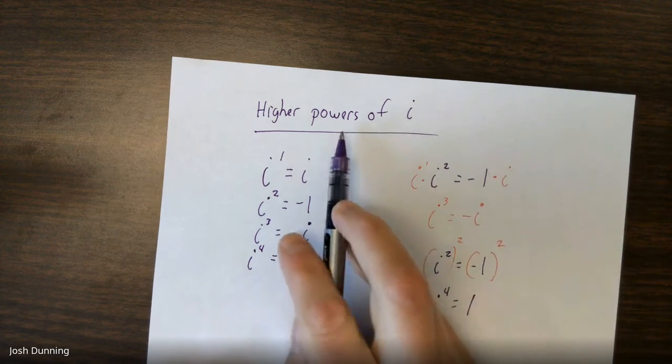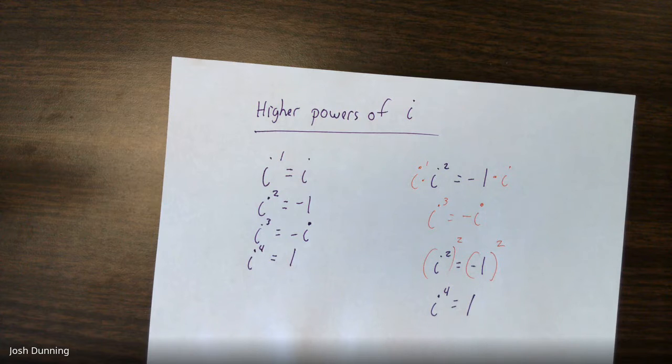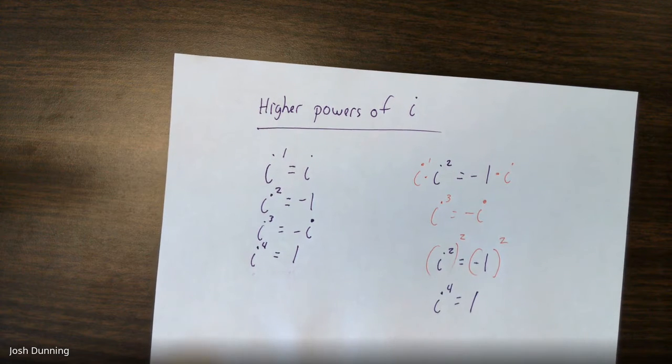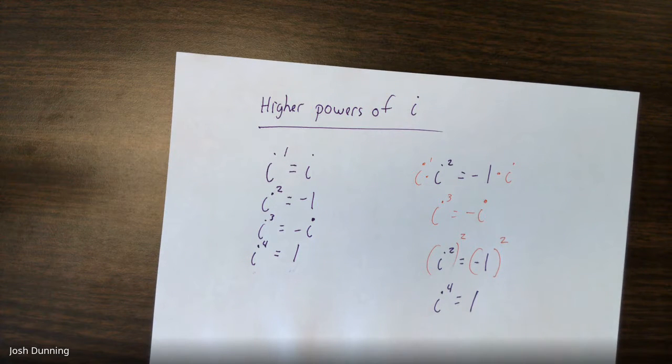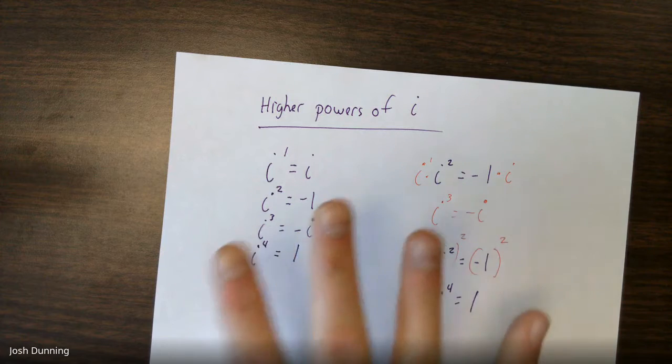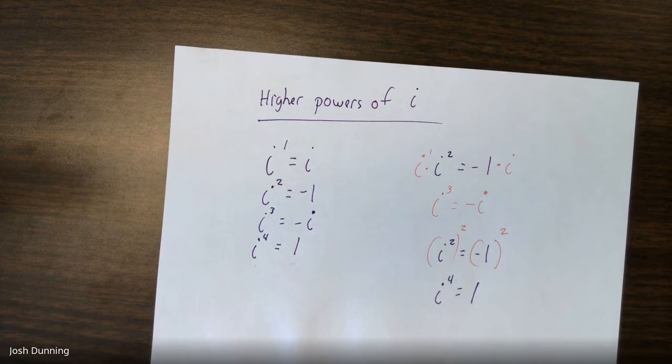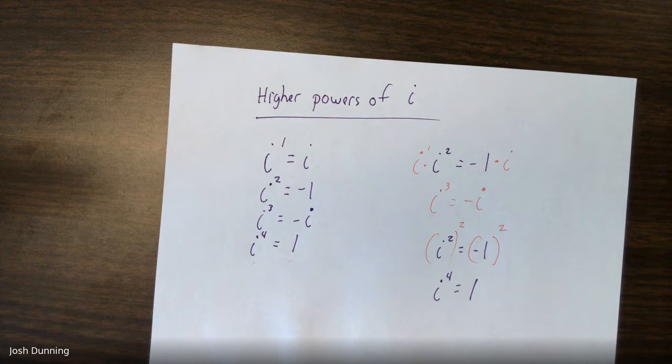Now, powers, exponents, mean how many times you multiply something by itself. So if we're talking about multiplication here, if I multiply by 1, it doesn't do anything. So every 4 powers of i don't matter. It's just 1. And if you multiply by 1, it does nothing. 1 times anything is just that anything.